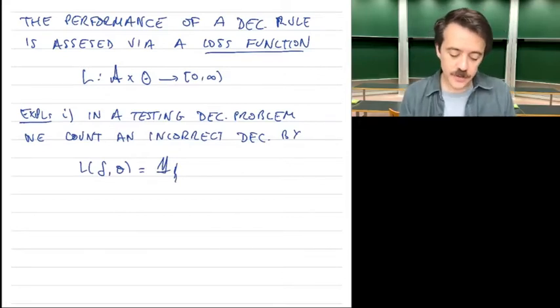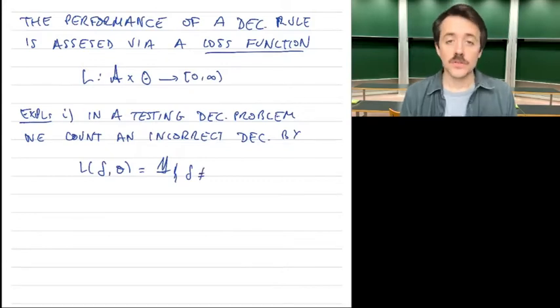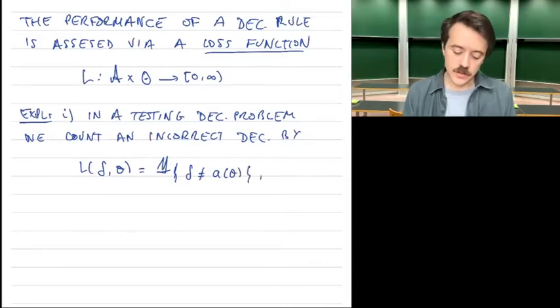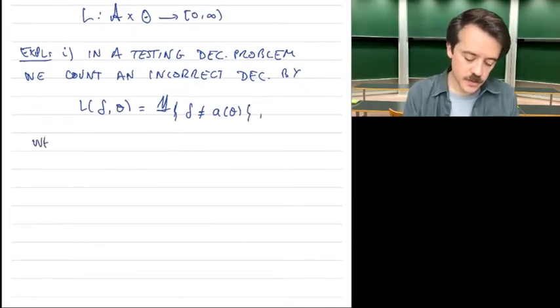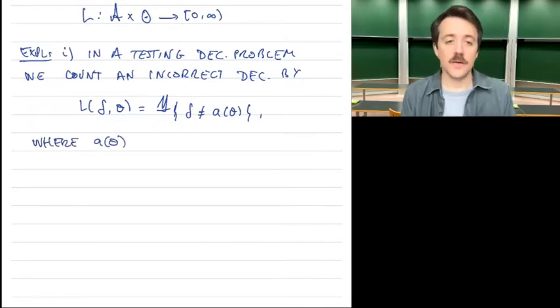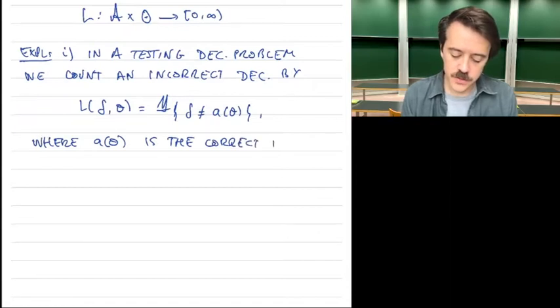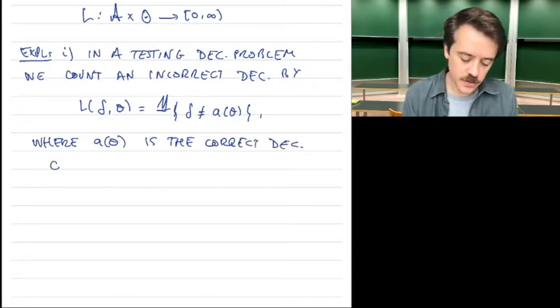So we'd have an indicator of delta not equal to some a theta, and where this a theta is the correct decision given that x follows p theta.